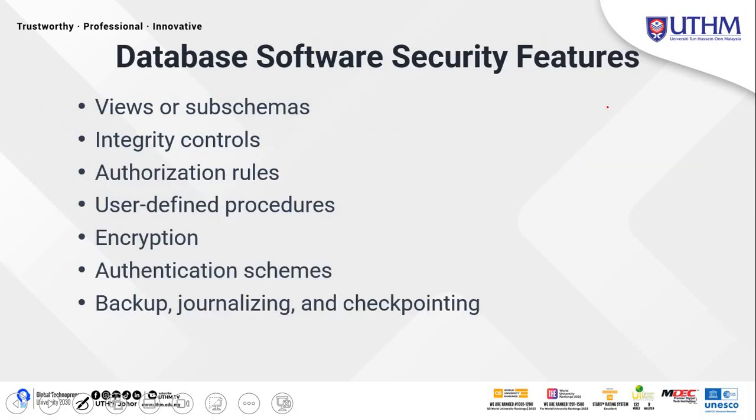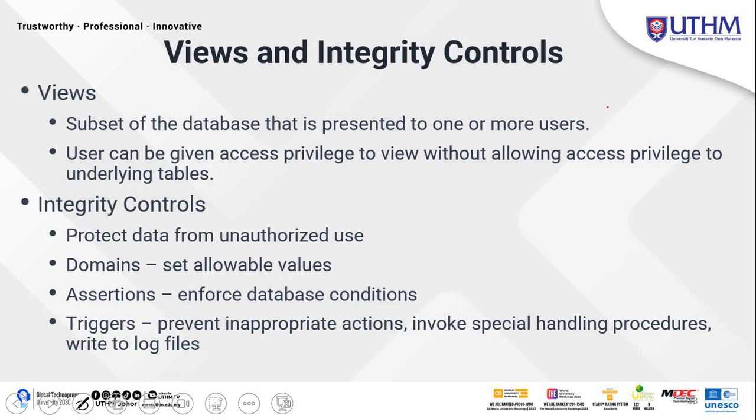Database software security features. We have views and subschemas, integrity control, authorization, user-defined procedures, encryption, authentication scheme, backup, journalizing, and checkpointing. So let's see what a view is. A view is a subset of the database that is presented to one or more users. In a database, a view is actually like a copy of the existing table.